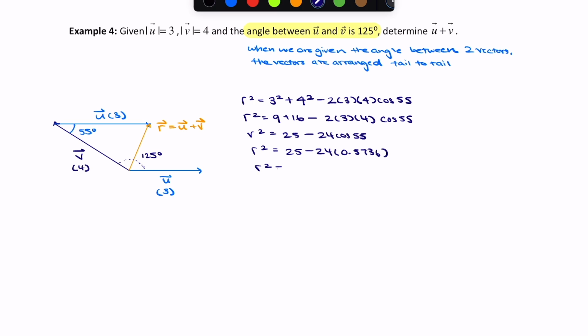R squared is equal to 25 minus 13.77. R squared is equal to 11.23, and therefore R is equal to 3.35. And so here, the 3.35 is just the magnitude.